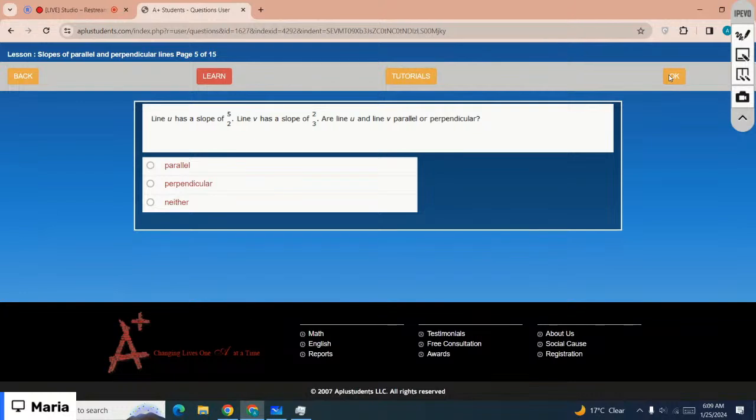So the lines are not parallel. And if the lines are perpendicular, the slopes are negative reciprocals, right? And they are not negative reciprocals, so the correct option is neither. They are neither parallel nor perpendicular. The correct option is neither.